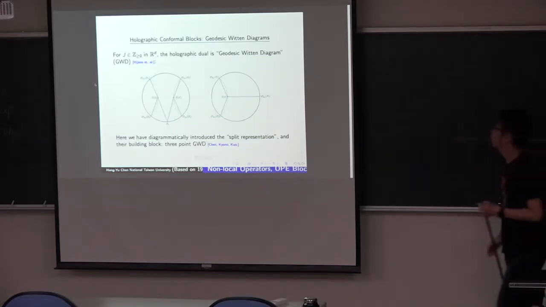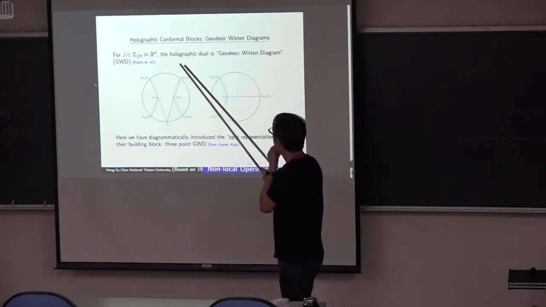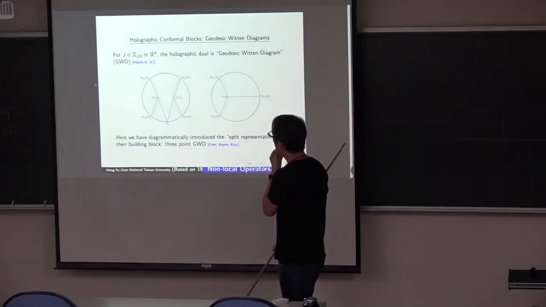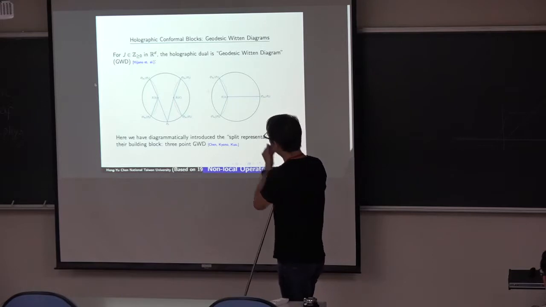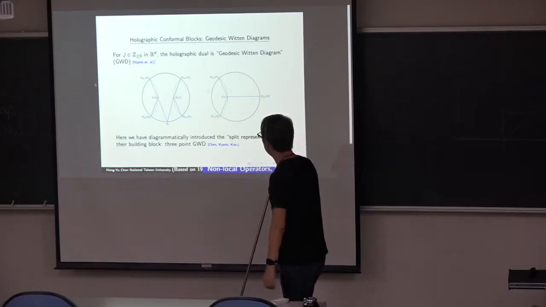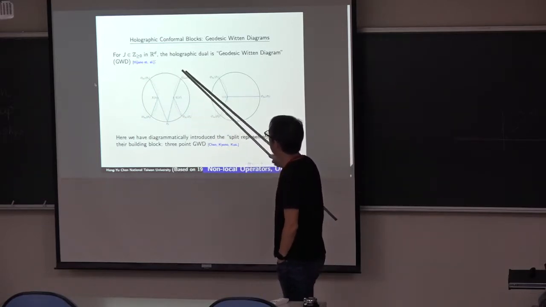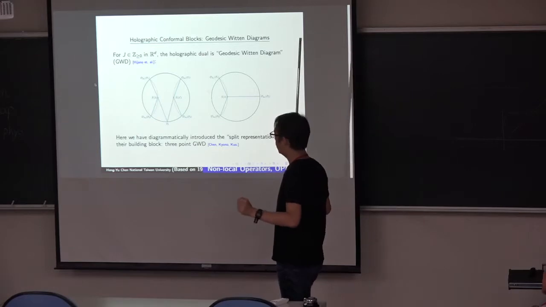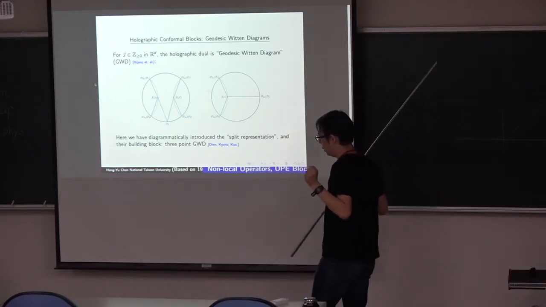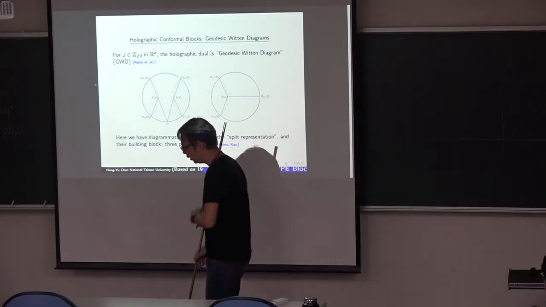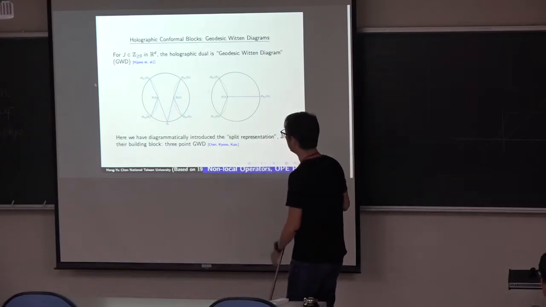But what I really want to get to here is holography. This is something I've been playing with for the past few years. Just a recap: for the integer spin J, we want to cook up a holographic dual of those conformal blocks.